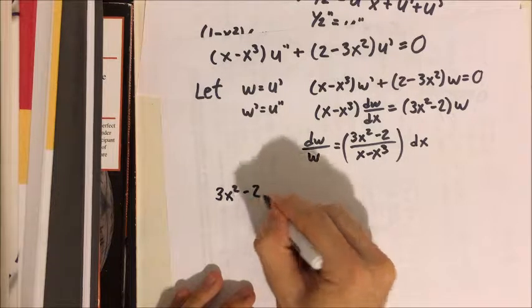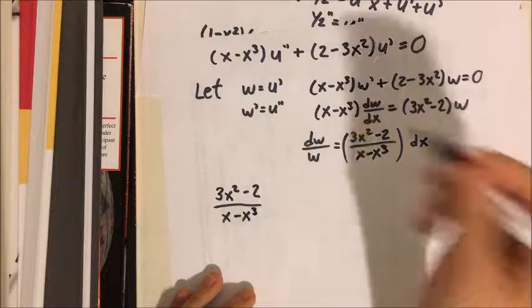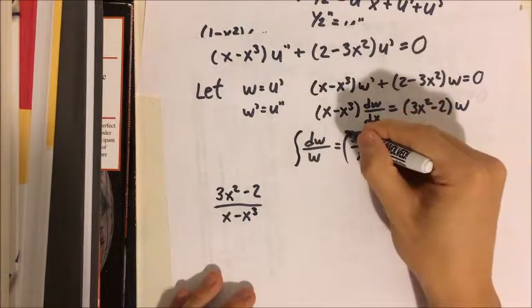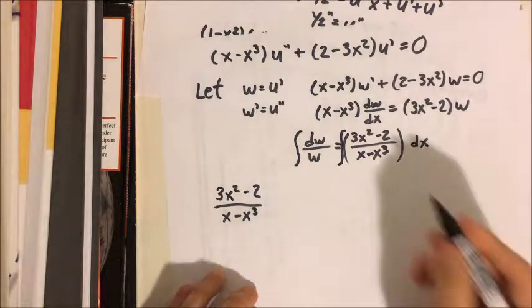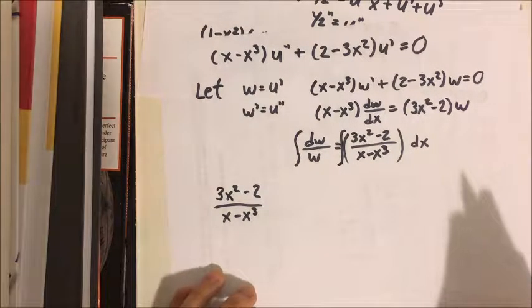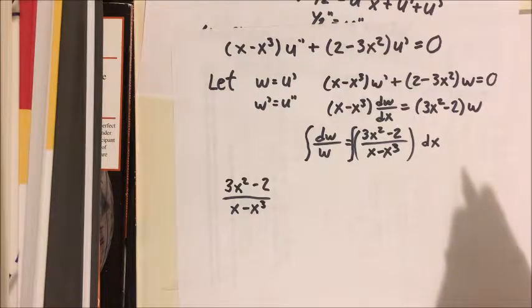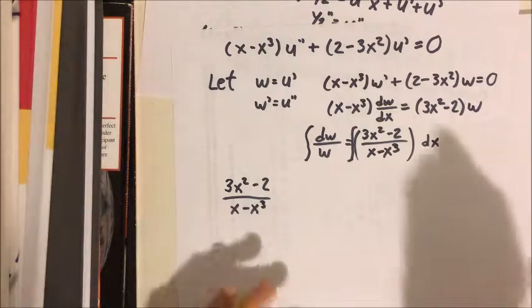(3x squared minus 2) over (x minus x cubed). Now remember, we wanted to integrate this, and this is not going to be easy to integrate. So we're going to divide this fraction into sums of reciprocals of linear factors. So I'll show you how it works.